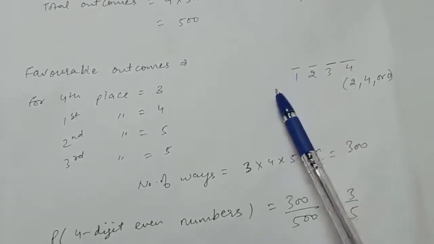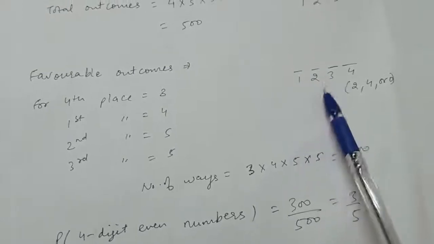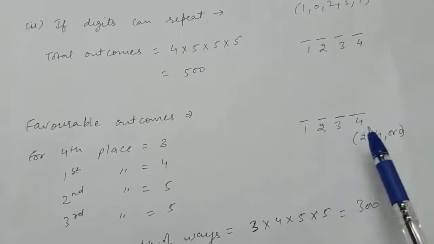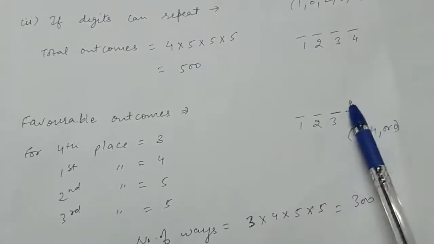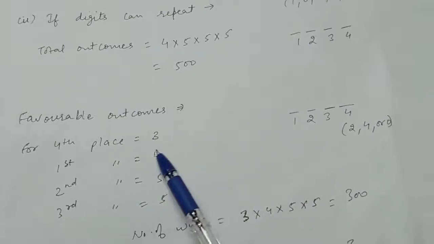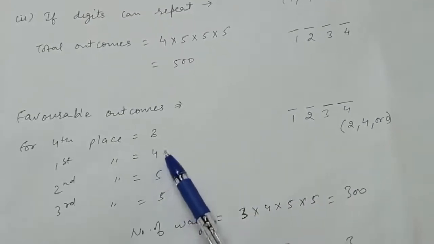So there is no need to make different cases in this case when digits can repeat, because if we fill any of these digits at the fourth place, for the first place we will always get 4 options, right?